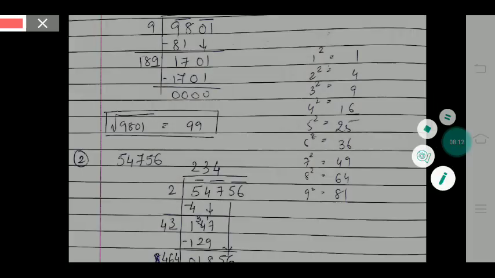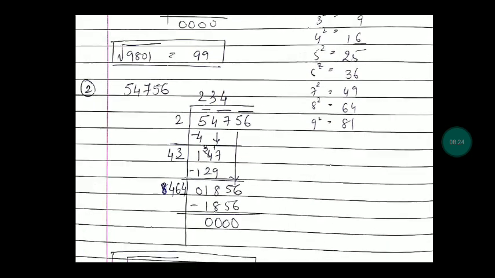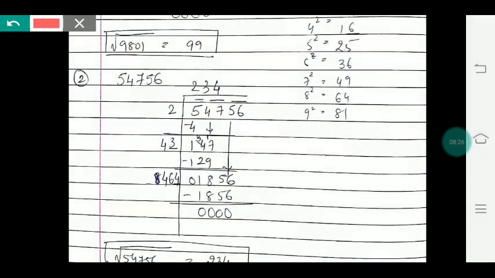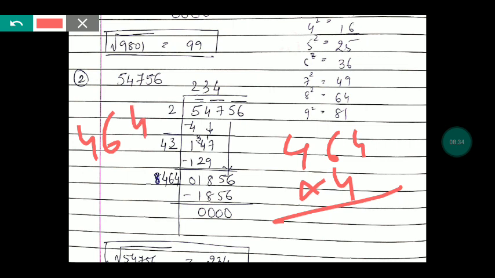Here first you have to think from this one. Ending with 6, that is 4 and 6 both. These are the two digits whose squares end with 6. So now it becomes easier for you to identify what the last digit can be. Either 464 into 4 or 466 into 6.